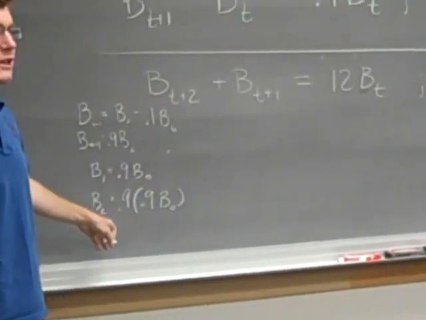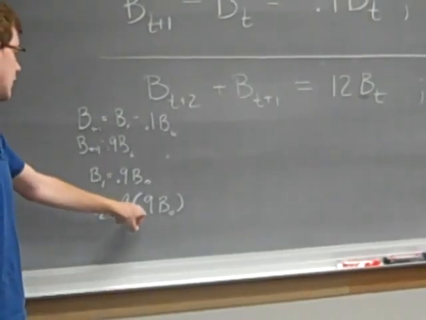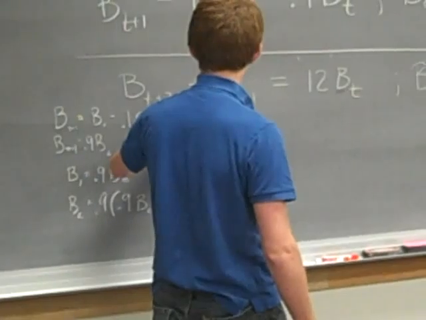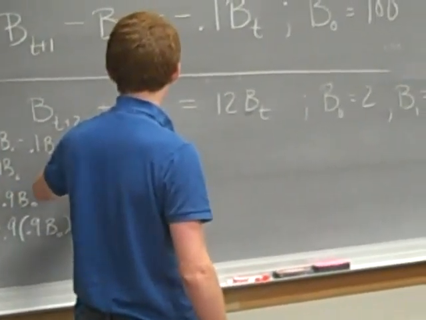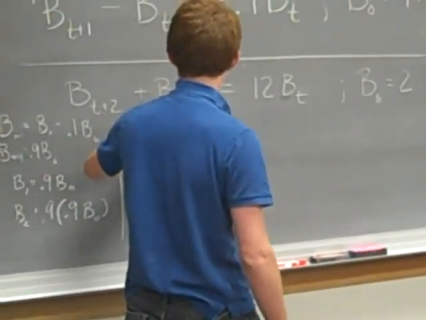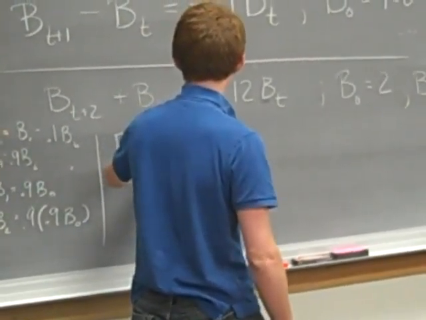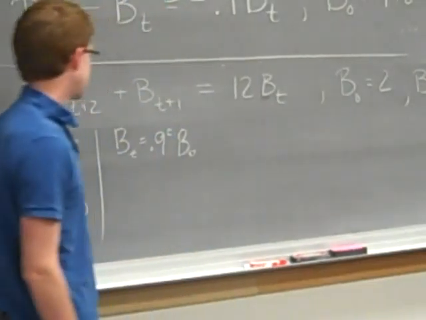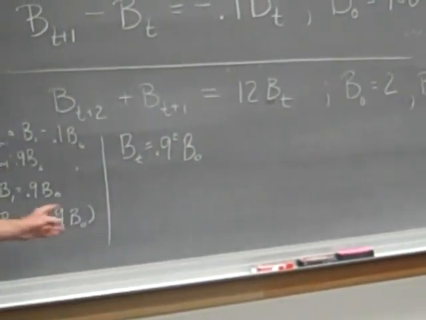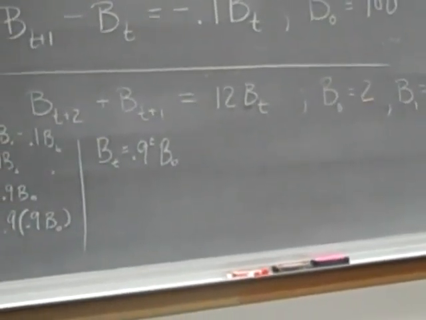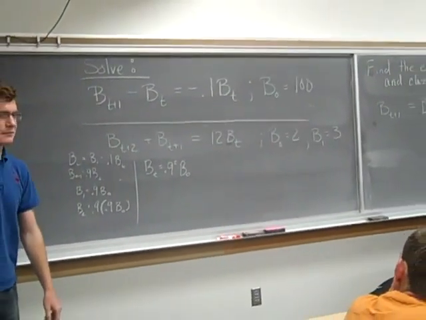And b sub 3 is the same thing, but you got 1 extra 0.9. So you can solve for t in terms of b sub 0. That makes sense? Any questions?